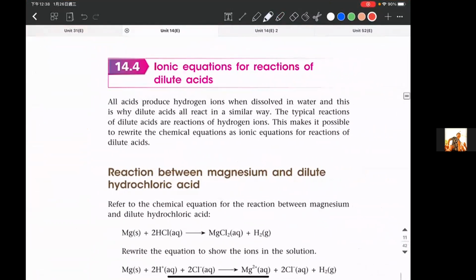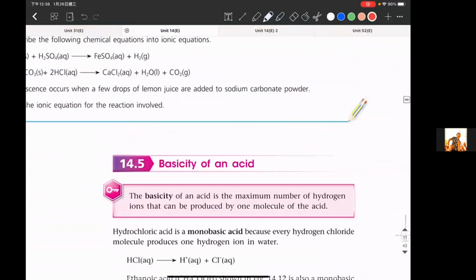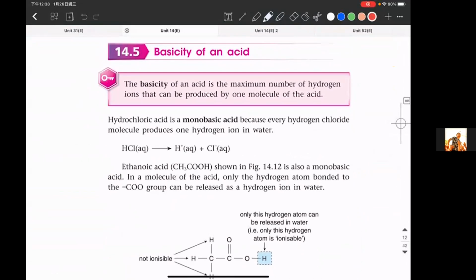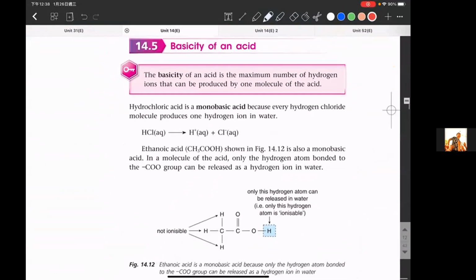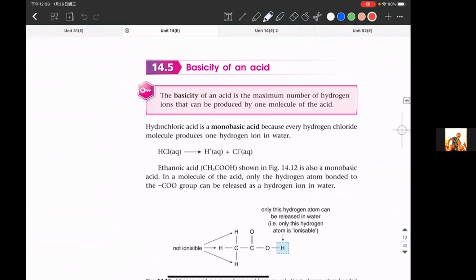So, Mr. Chin, you want to tell me something very nasty, right? So you need to know some 14.4. I would like to do it finally, but it comes to our concern about this structure, because for ethanoic acid, what Mr. Chin has suggested is that not all hydrogen atoms are ionized.